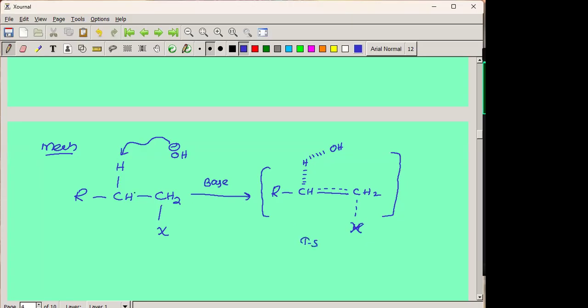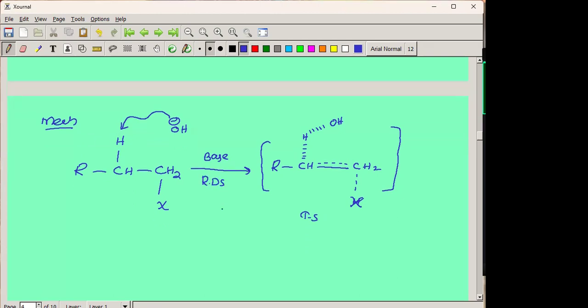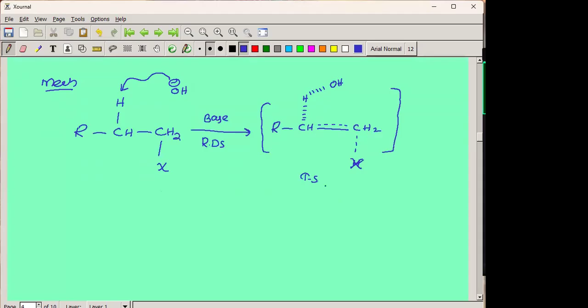This is a base and this is a reactant which are present in this reaction. This is the rate determining step or slowest step of the process. Finally, this bond will be broken and this bond will be formed. So this is formation of bond, breakage of bond, formation of bond, breakage of bond.